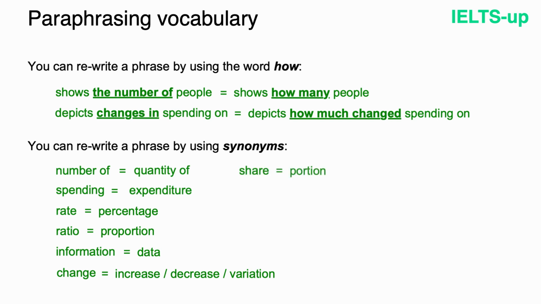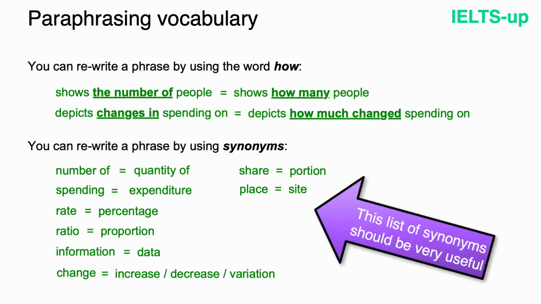Share is equal to portion, and place is equal to site. These phrases often come up in IELTS writing task 1, so this list of synonyms should be very useful. It's good to remember those words.